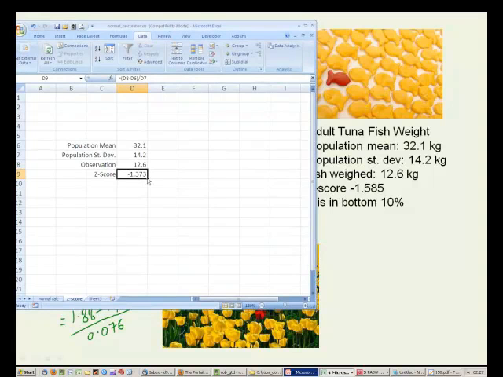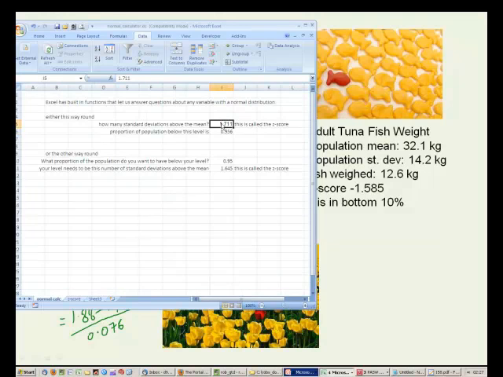Then if you look up the Z-score of 1.373, you get 0.085.